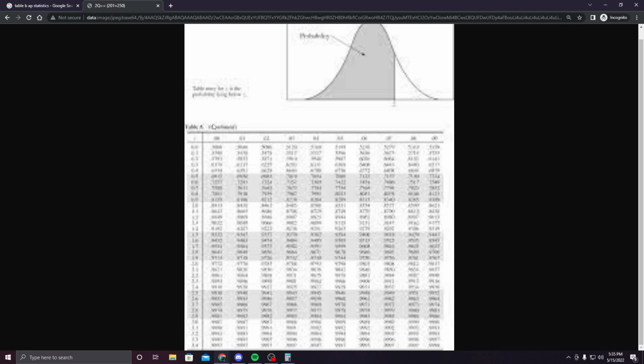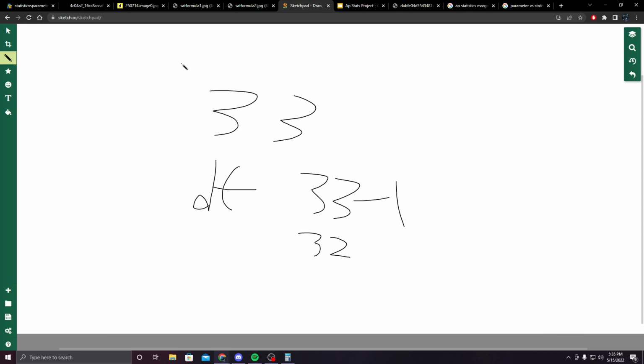Now, this doesn't cover all the values, but what you need to remember is that you always round down. So let's say there are 80 people.